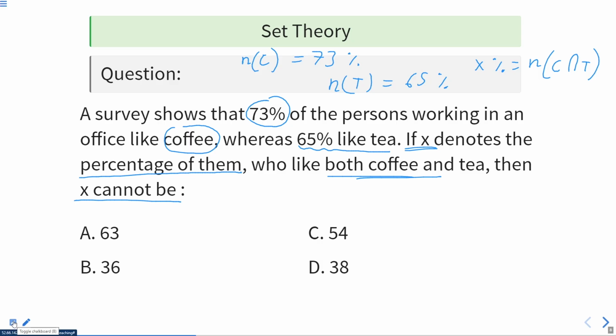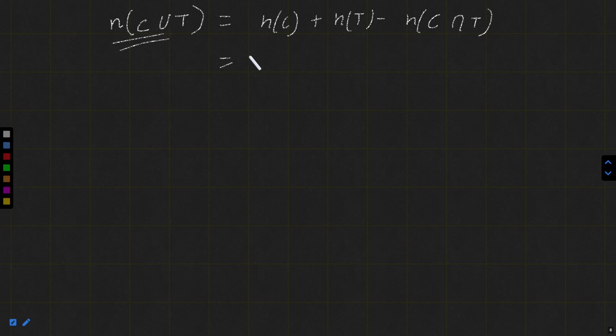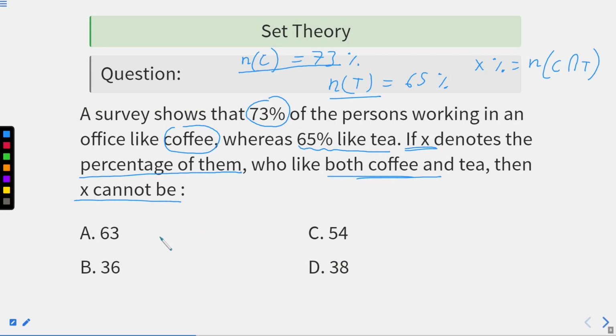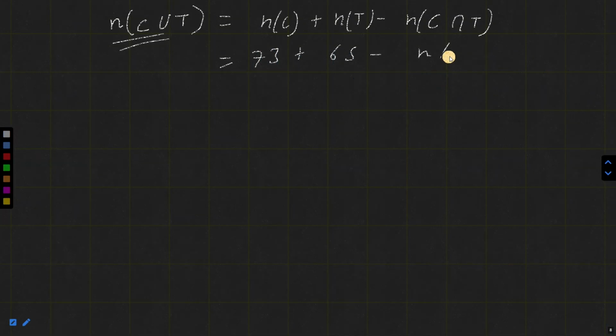But we know n(C) is 73 and n(T) is 65. So 73 plus 65 minus n(C intersection T), which is given as X percentage. Now let's simplify more. It is 138 minus X.